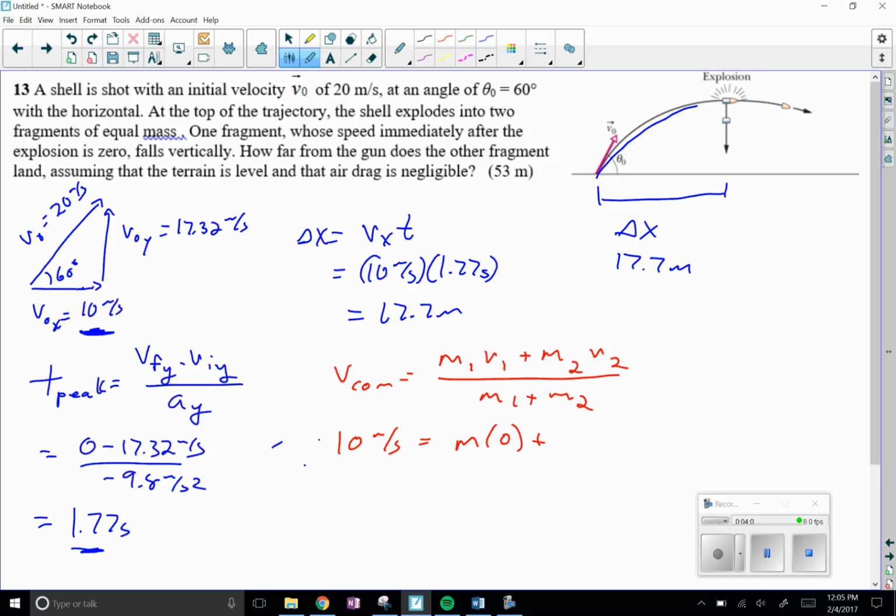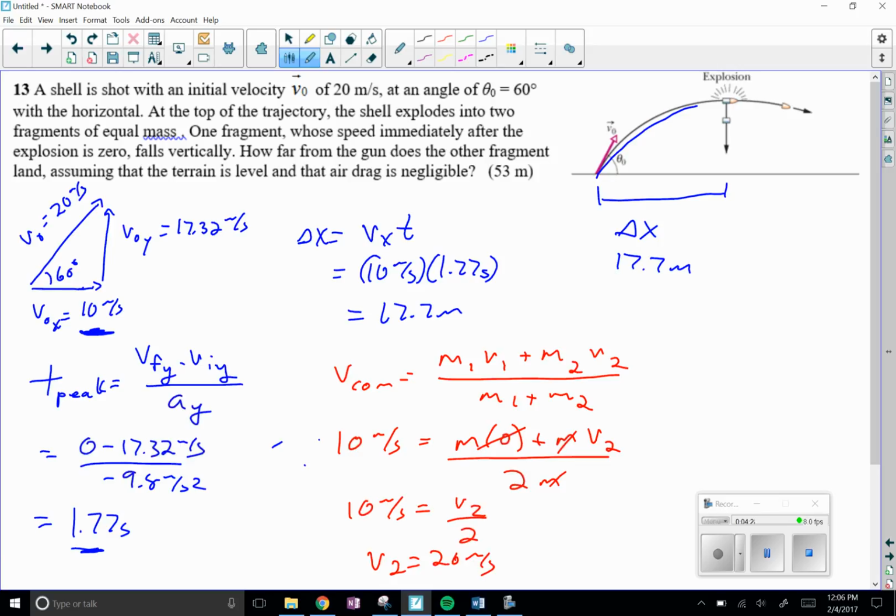And then the second mass has the same mass, and we're trying to find its velocity. All over, mass 1 and mass 2 are the same, so 2m, right? So now I've got m times v2 over 2m. These cancel. So I get 10 meters a second equals v2 over 2. That means that v2 must be 20 meters a second.